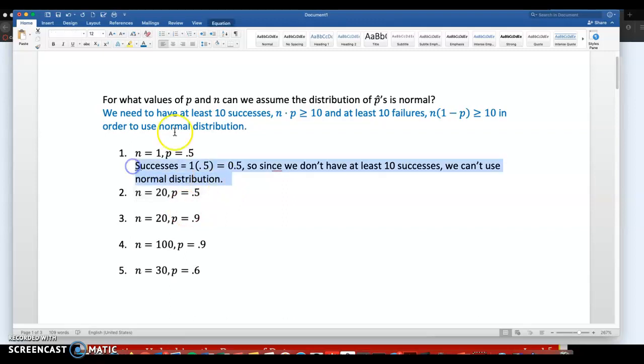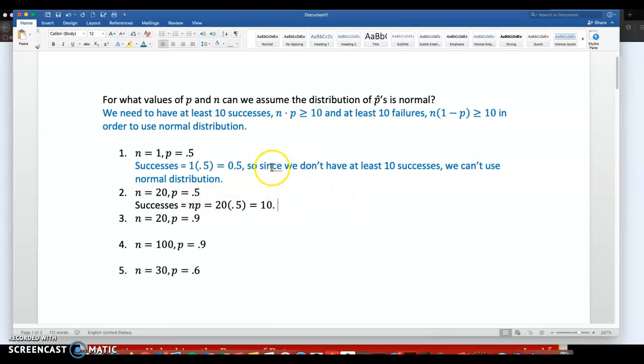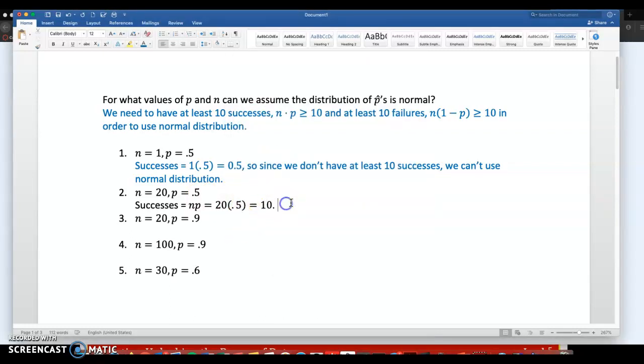What if we jump that sample size to 20? Let's look at each one. Our number of successes is going to be n times p, which in this case is 20 times 0.5, and that is 10. Okay, good. We want to make sure we have at least 10 successes, so we're good there. Then we need to see how many failures we have.